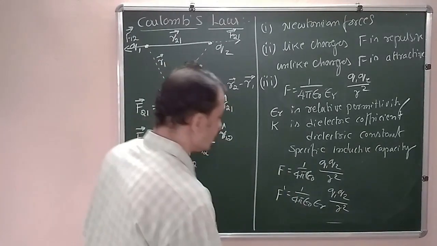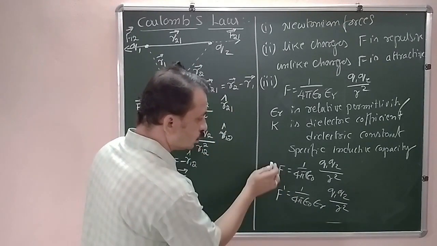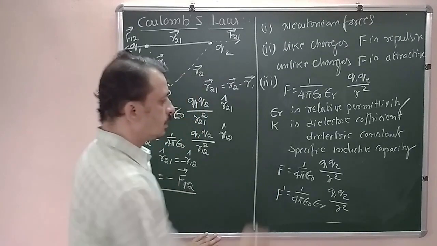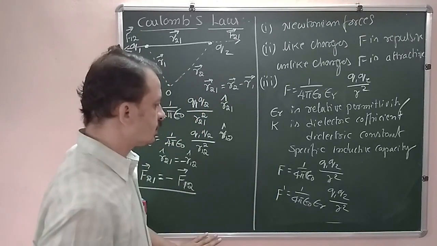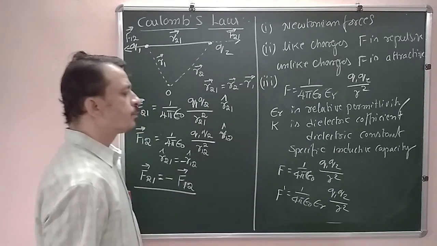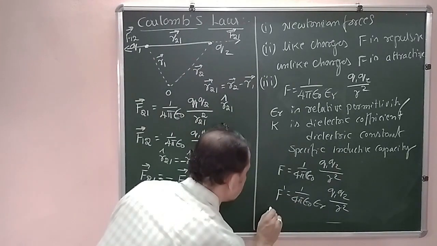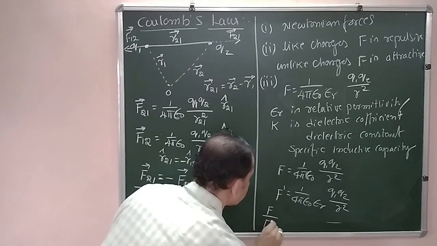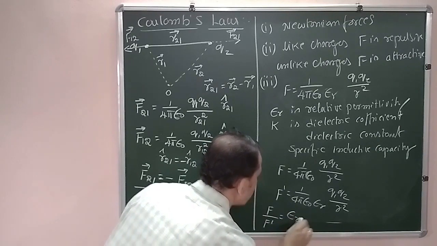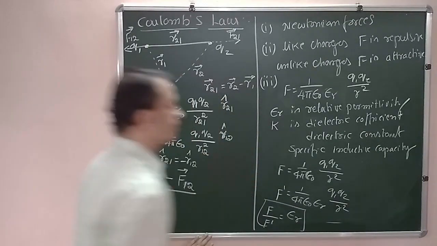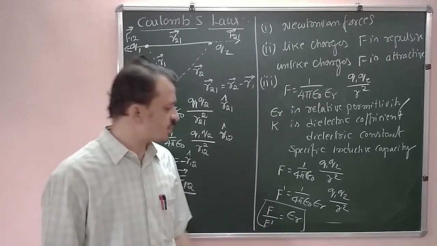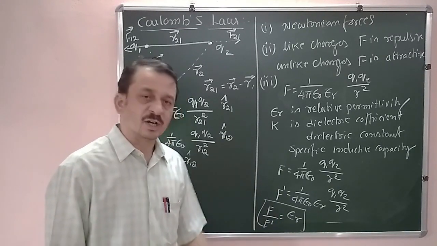Now from this relation, if you take the ratio F divided by F dash, I will get the ratio epsilon r.